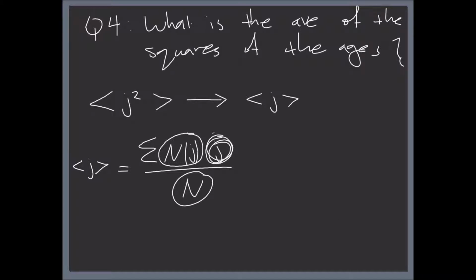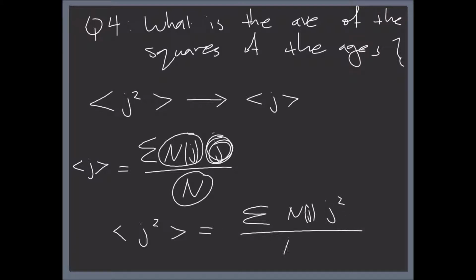So J squared expectation value should be the sum of n of J times J squared divided by n.